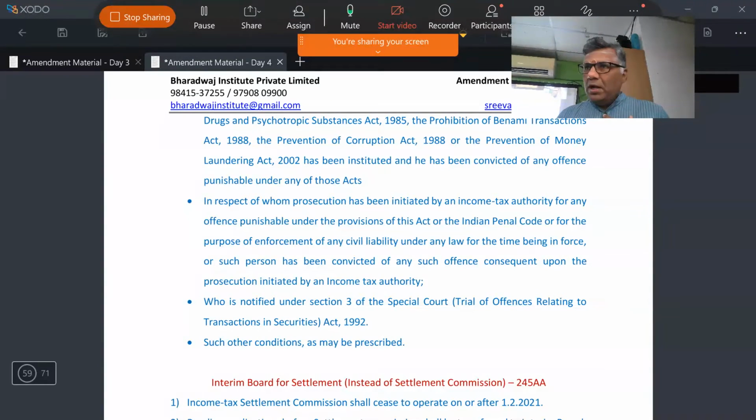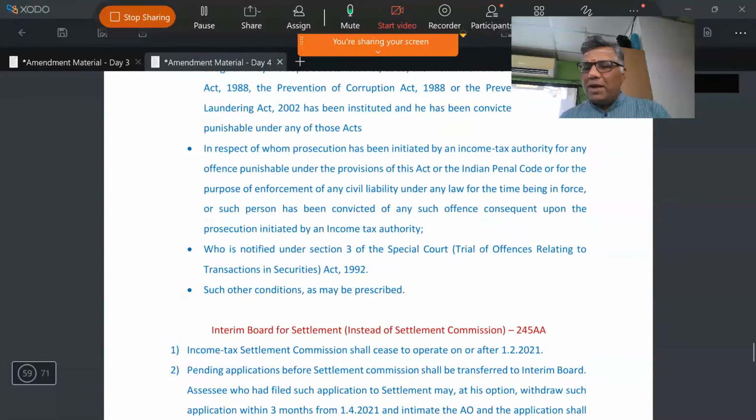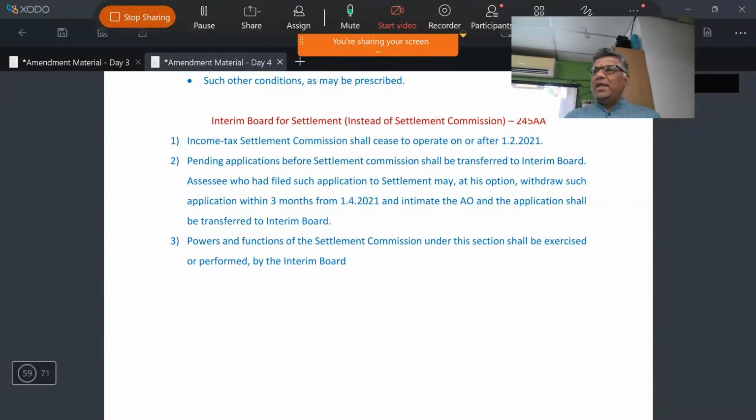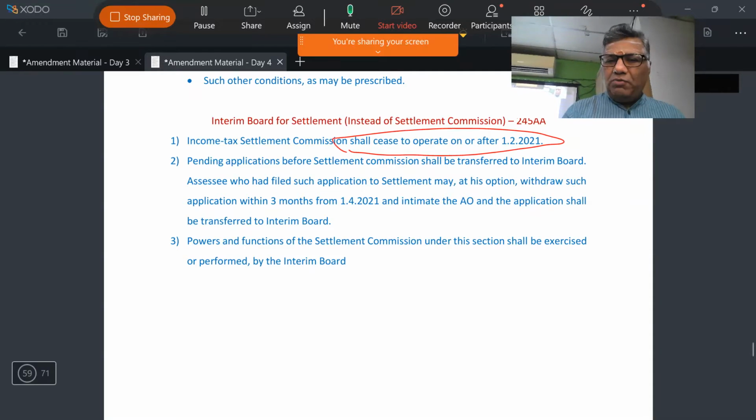Then, as I told you, since the settlement commission is getting scrapped, what happens to the applications which are already there in the settlement commission? Income tax settlement commission becomes inoperative from 1st Feb 21. Pending applications before the settlement commission shall be transferred to what is known as an interim board for settlement.